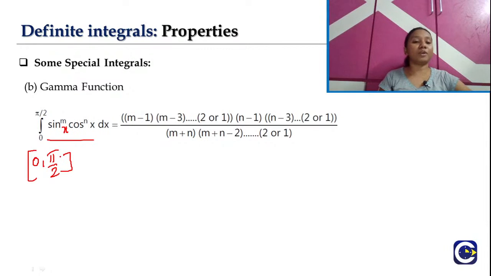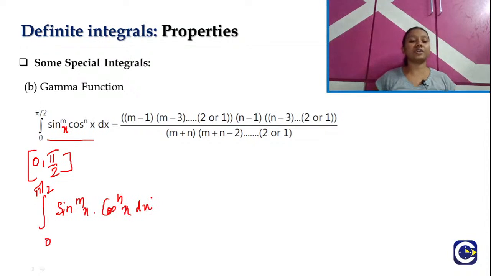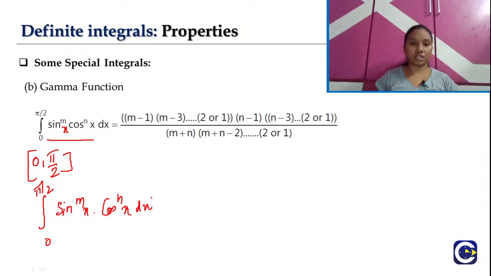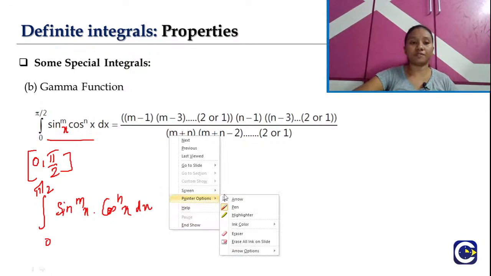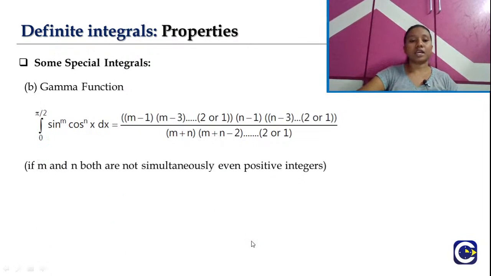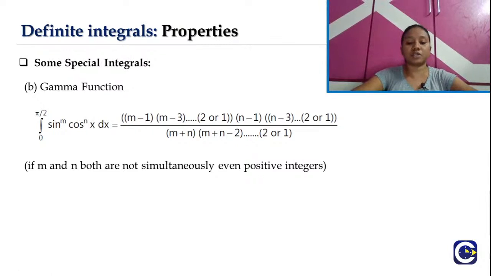The standard format of the integral will be integration from 0 to pi by 2 of the function sin power mx into cos power nx. Here we will be having two variables, m as well as n. Based upon the values of m and n, we will be having the corresponding formula for our gamma function.